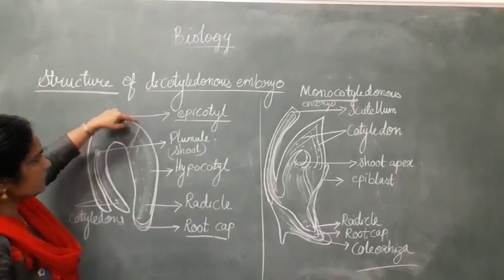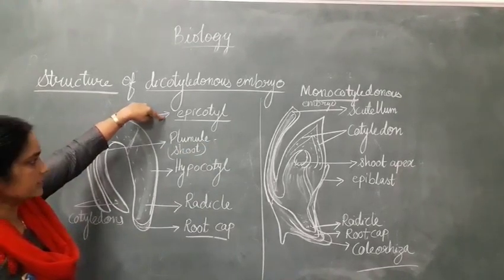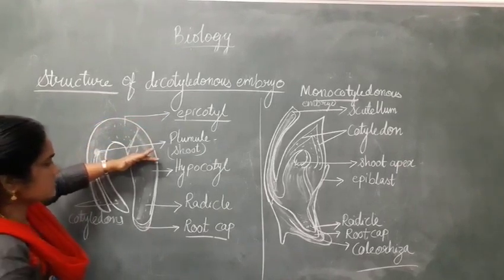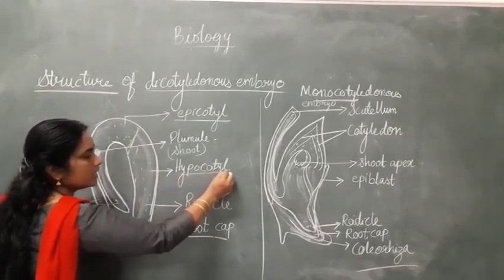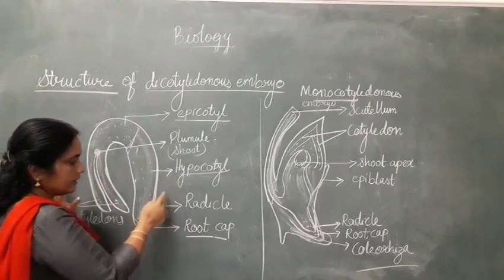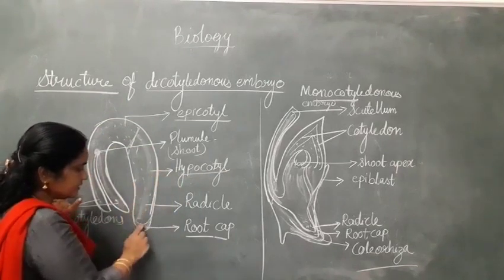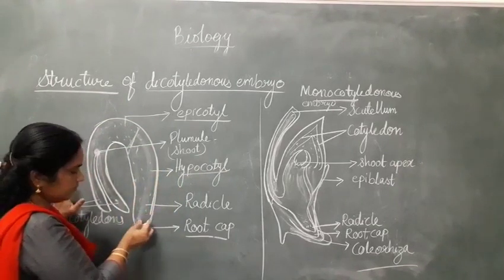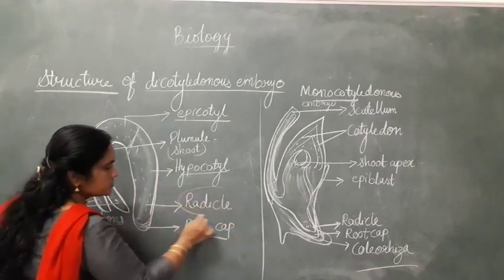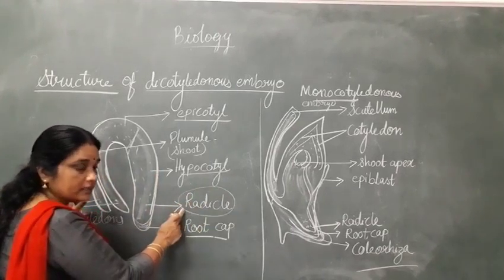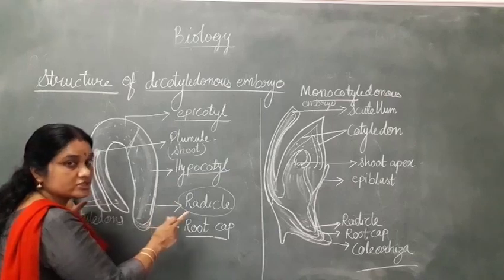Above the embryonal axis, this part is known as epicotyl. Below the embryonal axis, this part is known as hypocotyl, and this hypocotyl extends towards the lower end of the embryo, and this whole structure is known as radicle. The radicle gives rise to the root system.